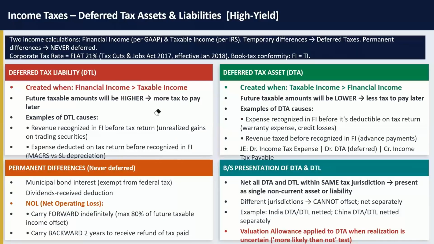Suppose you are receiving rent in advance. You are receiving rent in advance. It results in DTA or DTL.